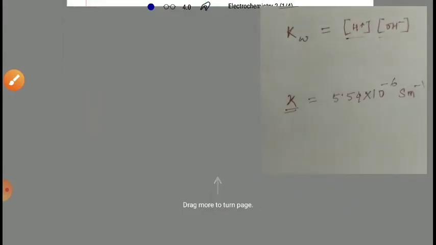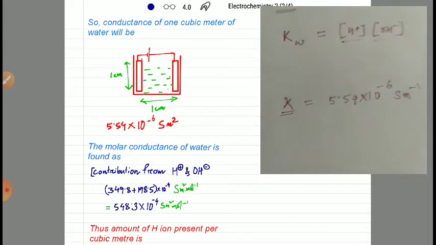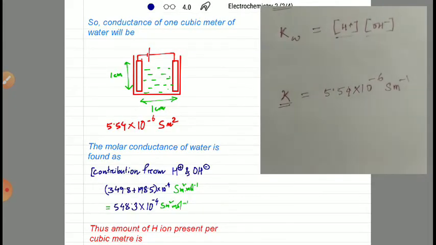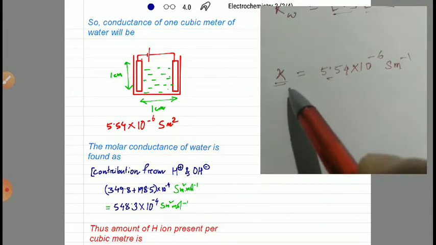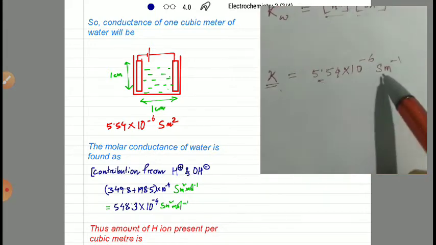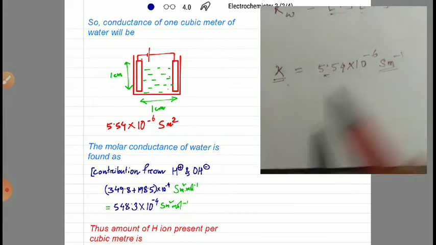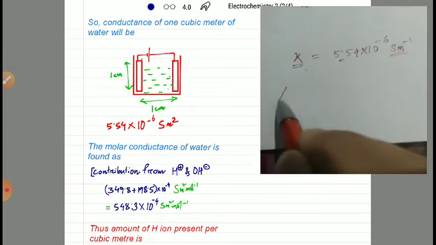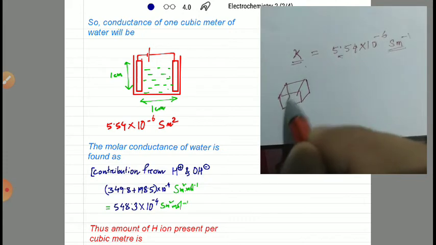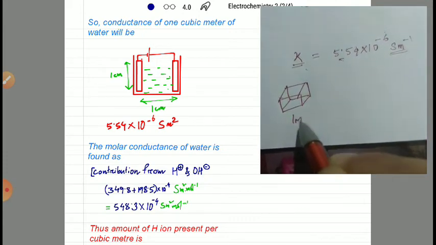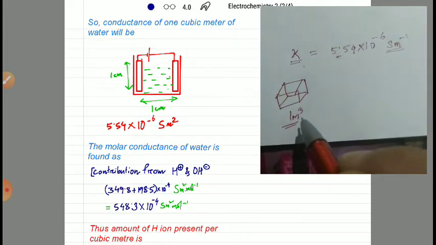Now coming to the next page. Here K represents specific conductance, and the specific conductance unit is Siemens per meter. Let's suppose the water is inside a 1 meter cube box, that means the volume of the water is 1 meter cube.